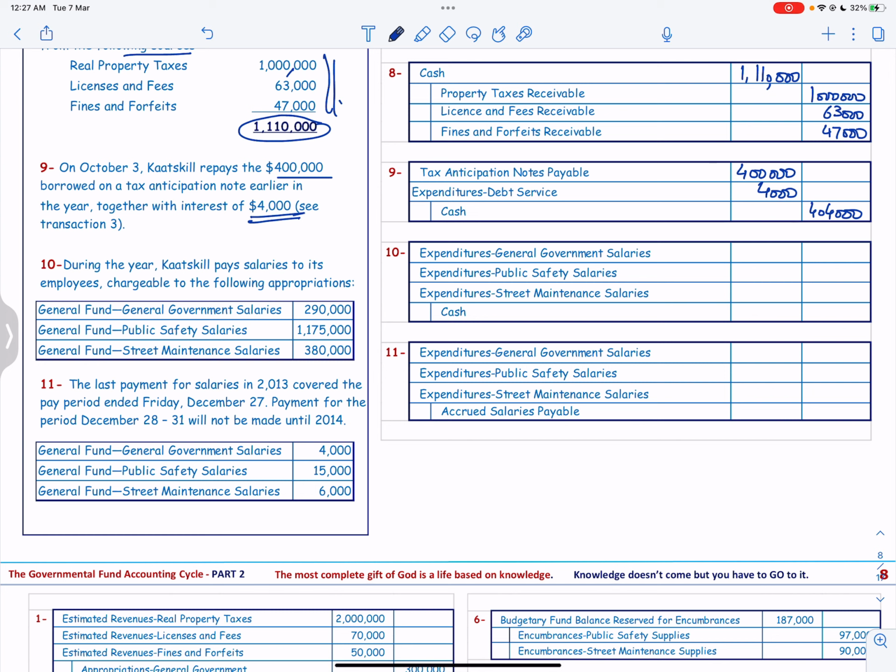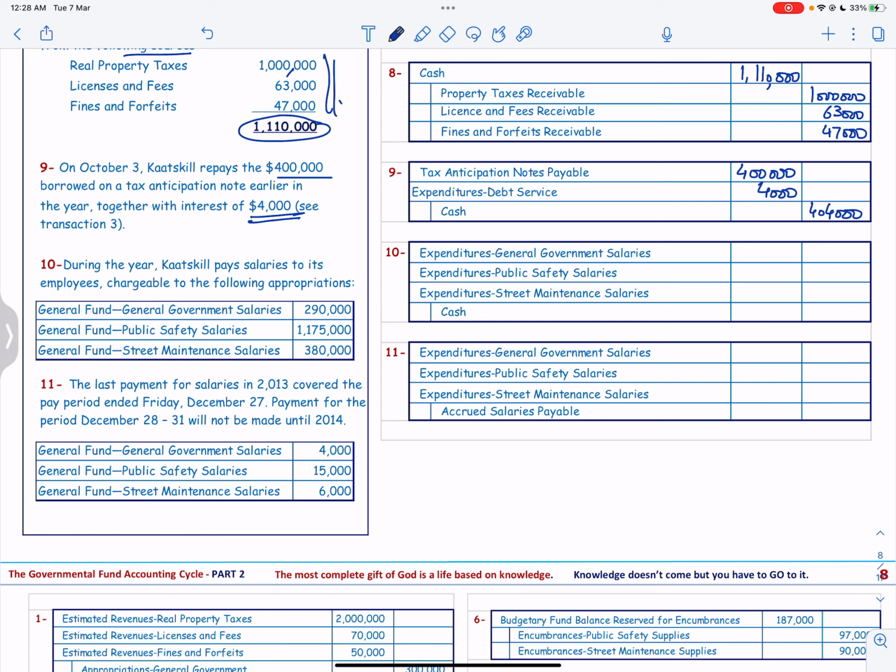Then during the year, Cardsguard pays salaries to its employees chargeable to the following appropriations. Now when we are paying the salaries, GASB requires that salary expenditure must be accrued in governmental funds because they are normally paid in a timely manner and in full from the current financial resources. So we are not going to have an encumbrance entry for the salaries as these expenditures are predictable.